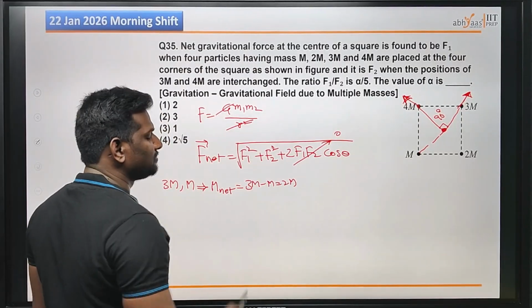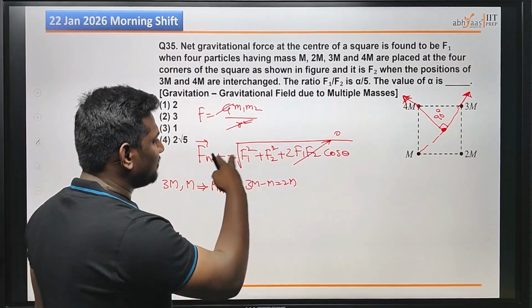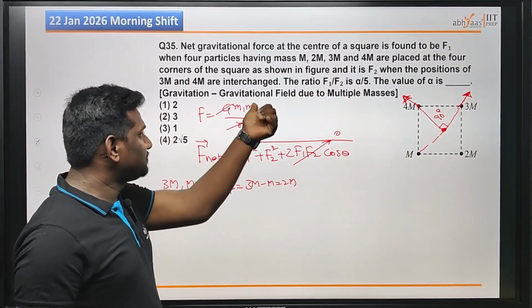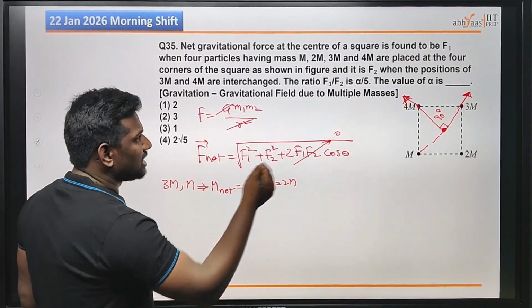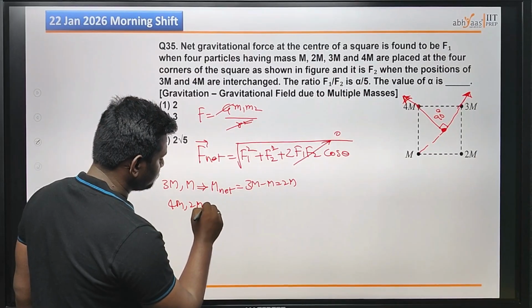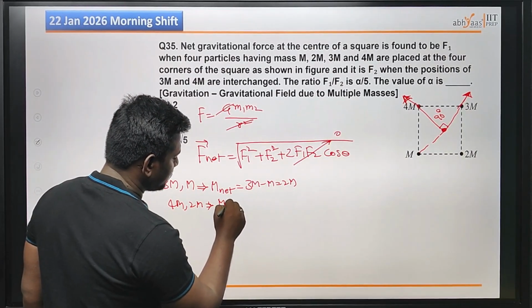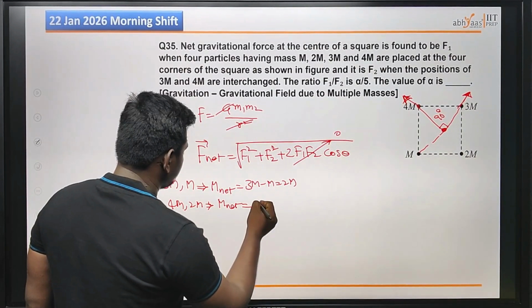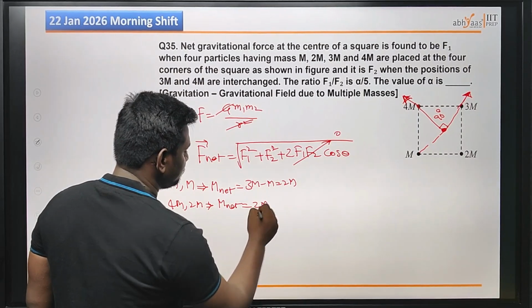So substitute here, because F is directly proportional to m. Similarly for 4m and 2m, m net can be written as 2m also.